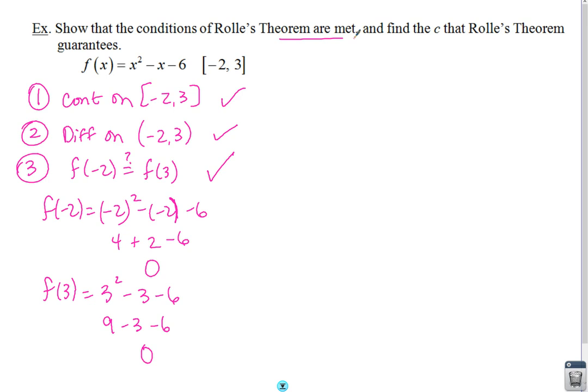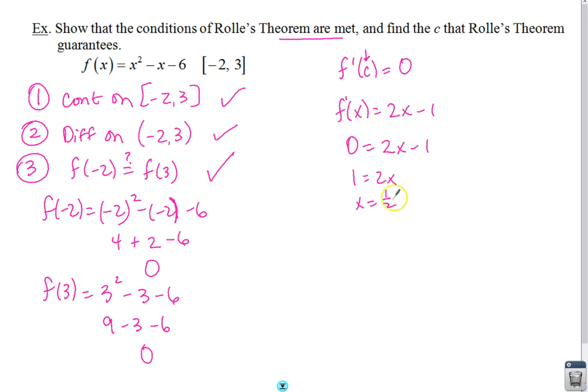Okay, so basically f prime of c is equal to 0 is what we're trying to find. Well, let's find f prime of x. F prime of x is going to be 2x minus 1. So I set that equal to 0. 2x minus 1, bring over the 1, x equals 1/2. So that means if I take the derivative of my function at 1/2, my derivative is equal to 0, which makes sense.